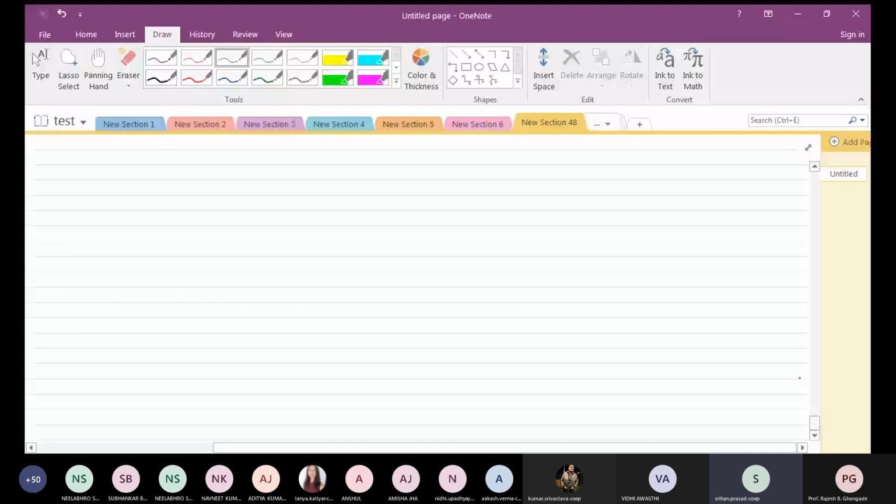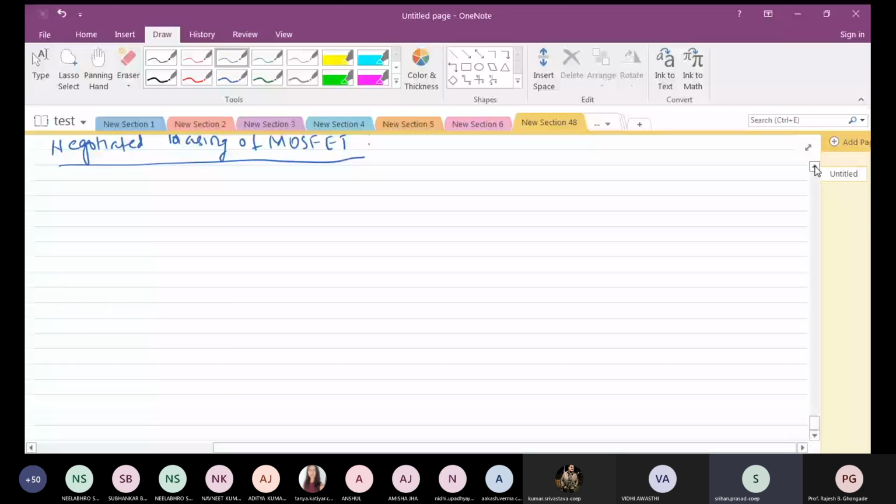So how will the circuit look? Let me draw it for you. We call this R1, call this R2.